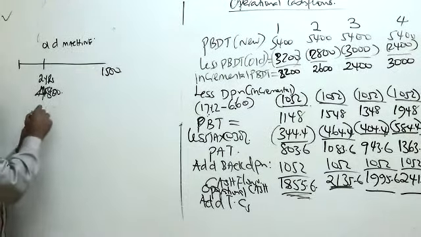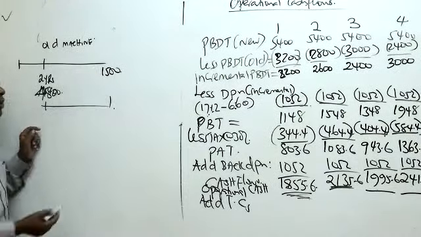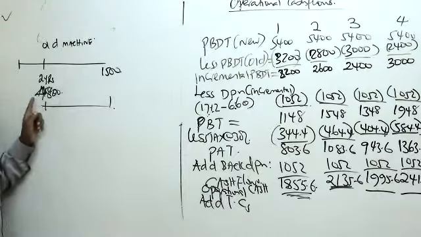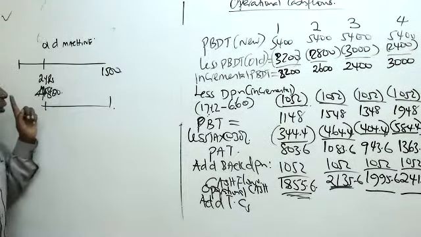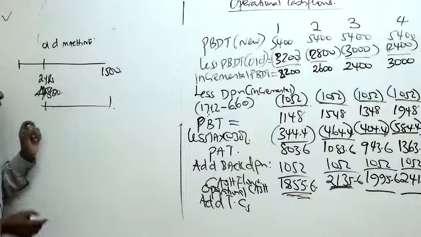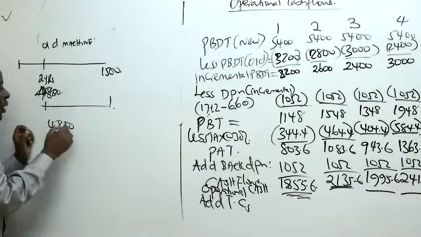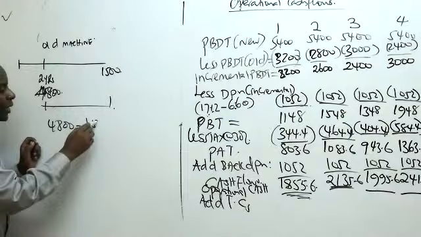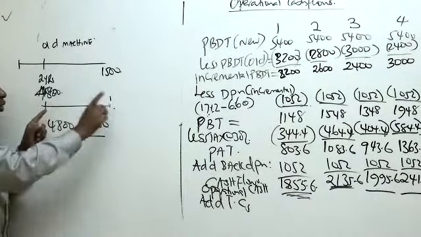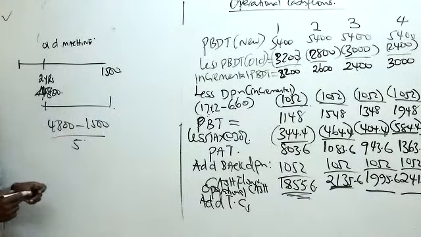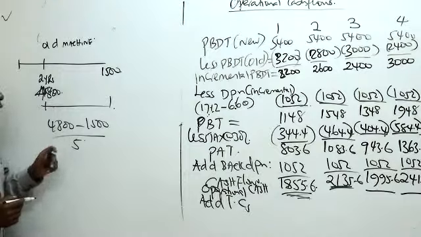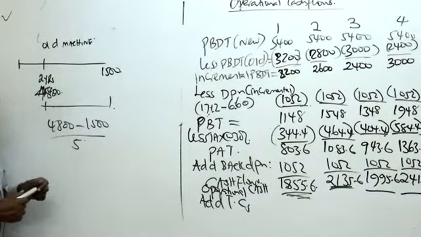So the question is, how do we get depreciation in between here? We'll take this net book value as the original cost for the period. So the original cost will be 4,800 minus the scrap value of 1,500, divided by the 5 years. If you do it that way, you should be able to get the 660. Just try and then you tell me.